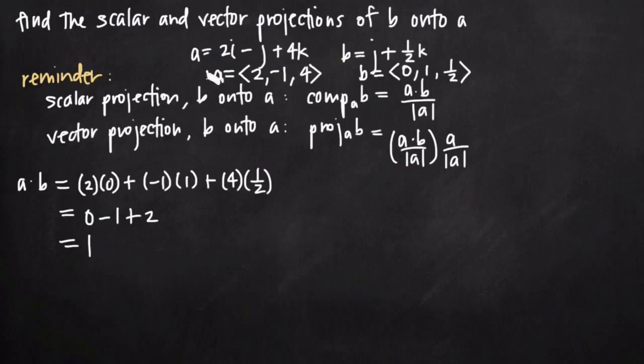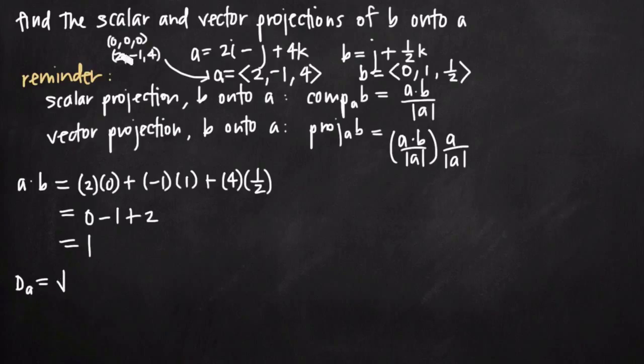This vector is really just saying that the initial point of the vector is at the origin 0, 0, 0, and goes out to the point 2, -1, 4 in three-dimensional coordinate space. So if we use the distance formula to get the distance between 2 points in three-dimensional space, we can say the distance of the vector a, d sub a, is equal to the square root.